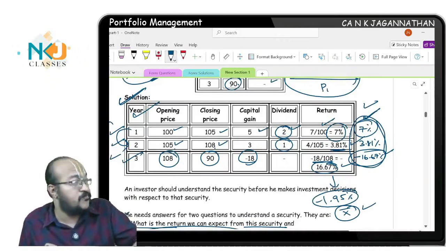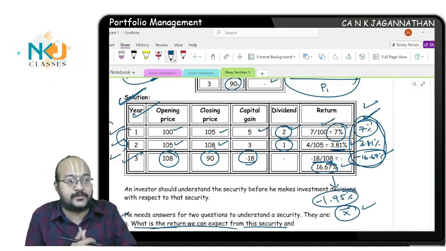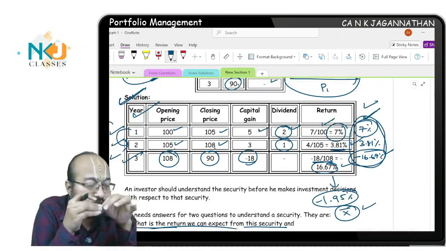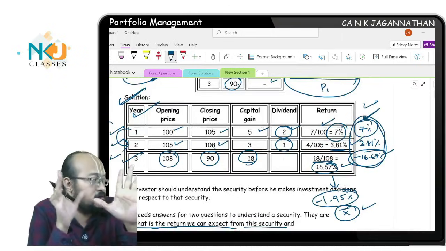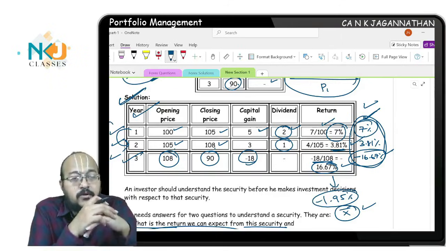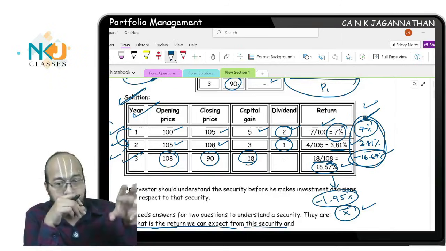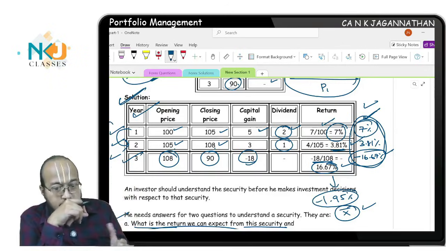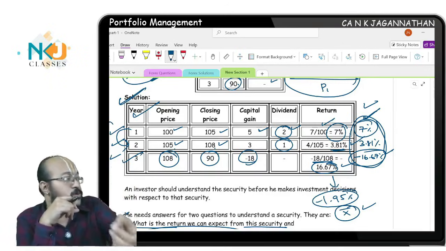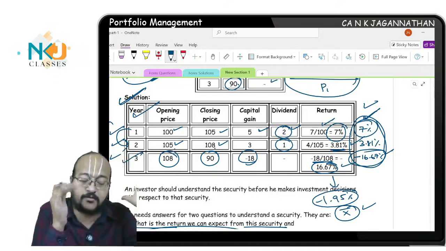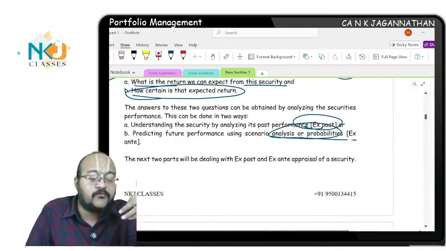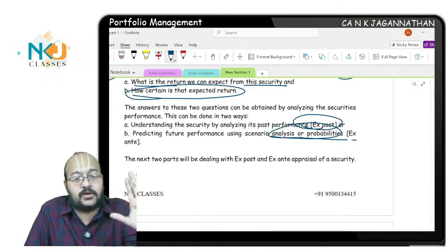Next step, how to find the mean return. Because when you are computing the expected return of the security, it is the mean return. When you are finding mean return, you should consider all these respective years' returns, then total it and divide by n. Simple average you will consider for computing mean return. Are you understanding this? Next, when you are computing the risk of this individual security, how to find risk?